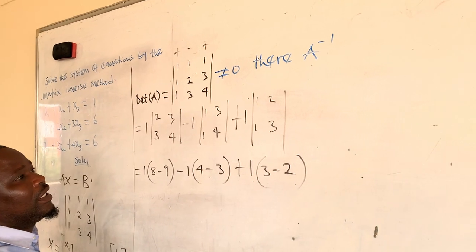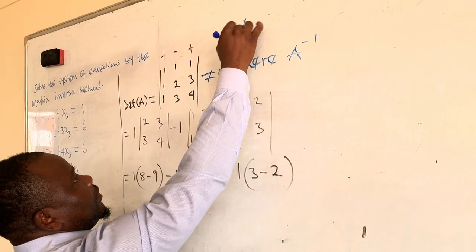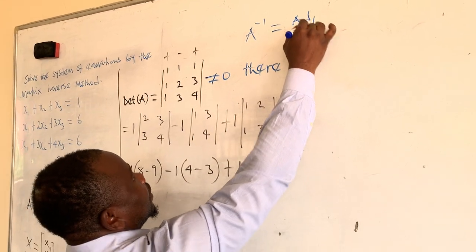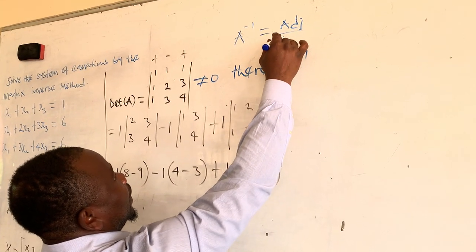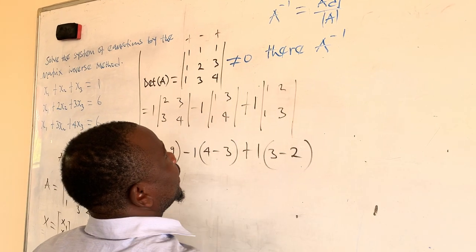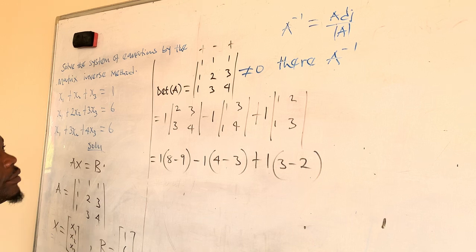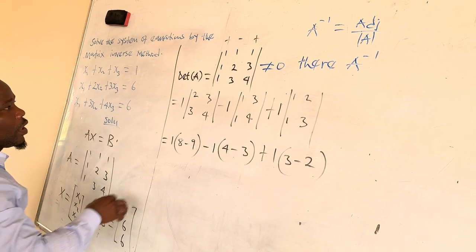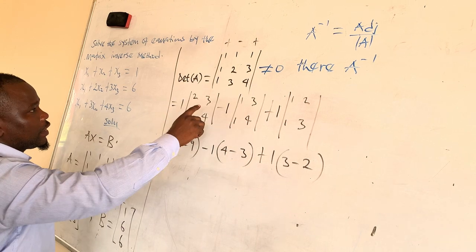Are you following? And our A inverse is equal to the adjoint of A all over the determinant of A. So if you agree with me, let us find the determinant.